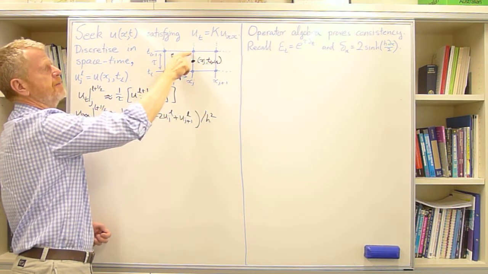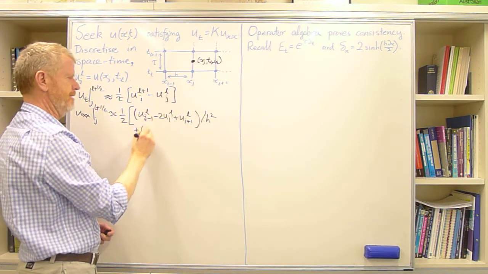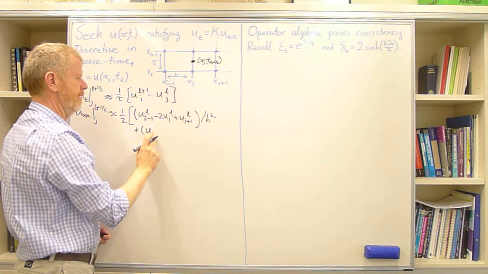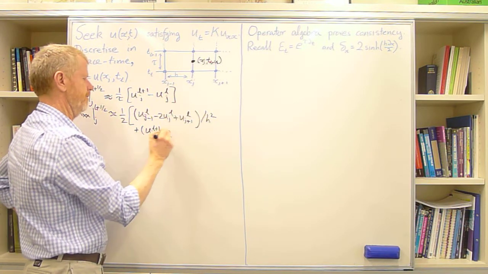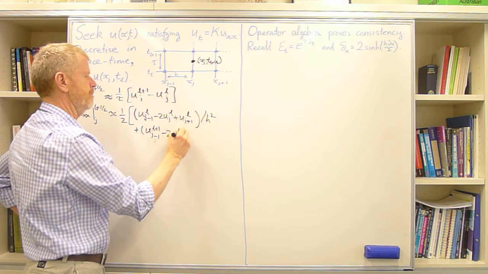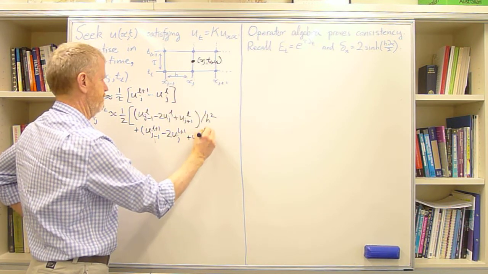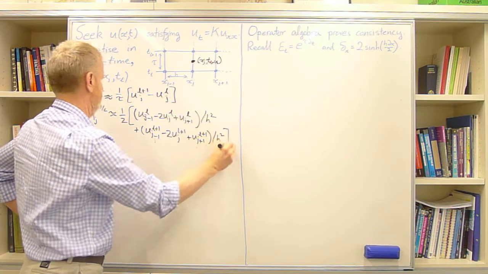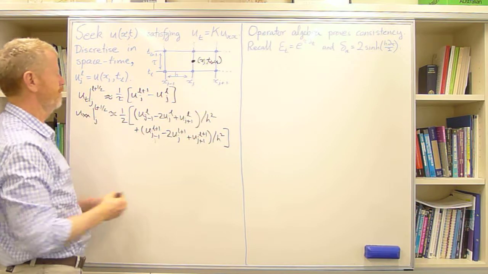And then the estimate of the second derivative at time L plus 1 is the same formula with L plus 1 instead of L. So u_(j-1)^(L+1) minus 2u_j^(L+1) plus u_(j+1)^(L+1) over h squared. Right? And the average of those two estimates the second derivative.